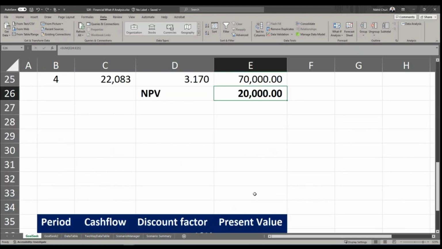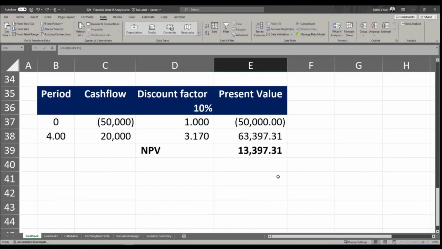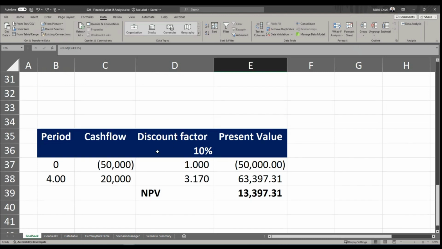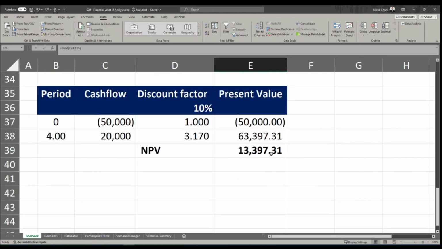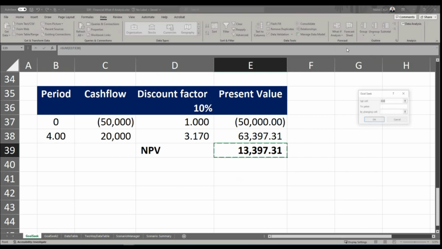So if you scroll a bit more down, like I have copy pasted, and again we have to just do it on the final time period. So again, the goal is the same, to achieve a net present value of 20,000, keeping the discount factor same, keeping the cash flow same, and changing the time period. So let's go to this what if analysis. I will select goal seek out here, and select this.